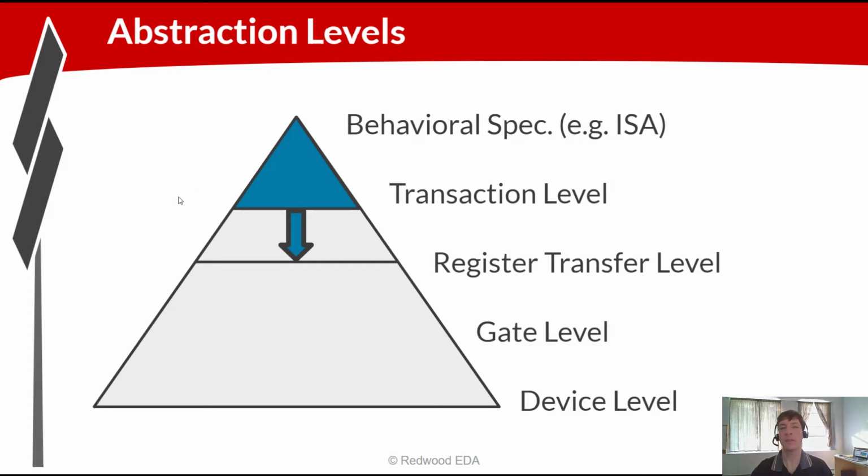This allows us to focus our verification energy at a higher level of abstraction, but still have control of the design at the register transfer level when we need that level of control to get the quality of results that we're after.